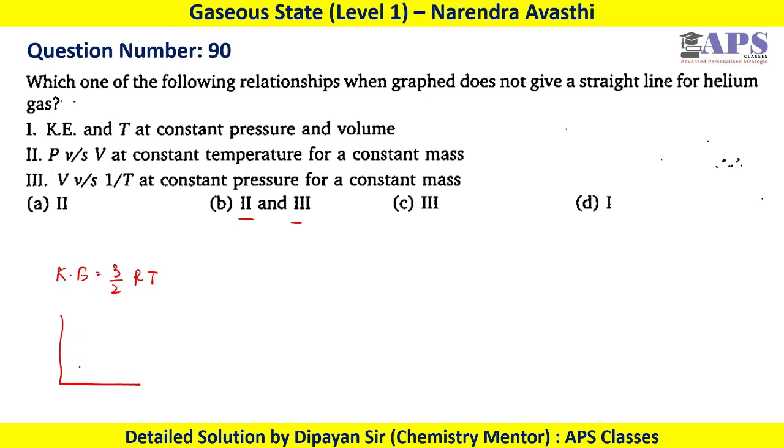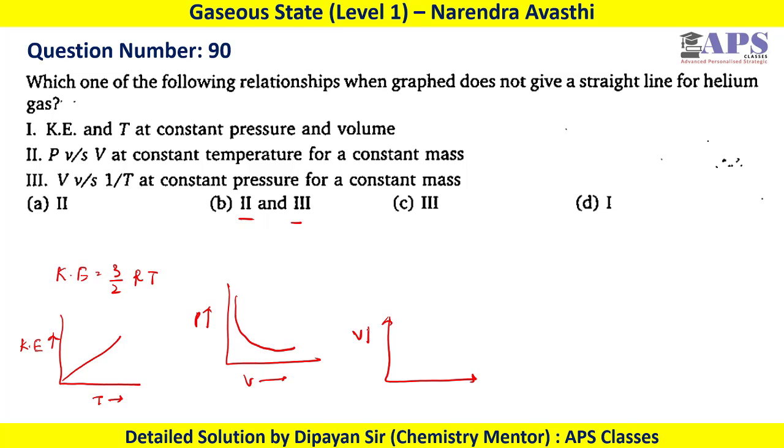So it will become a straight line if we plot kinetic energy versus temperature. Okay, but P versus V will give you a graph like this, which is a non-linear graph, as well as volume versus 1 by T will give you a graph like this. Okay, so both 2 and 3 will give you a non-linear graph. So option B will be the correct option.